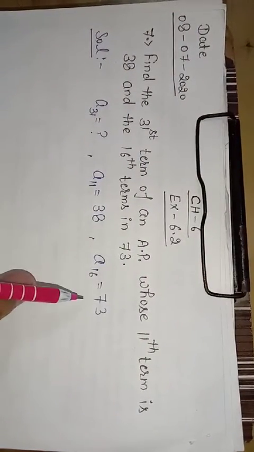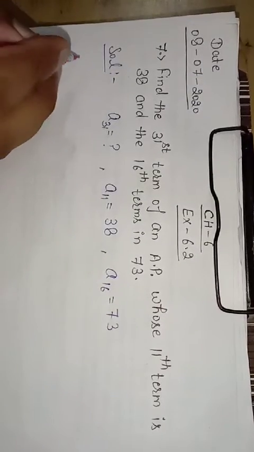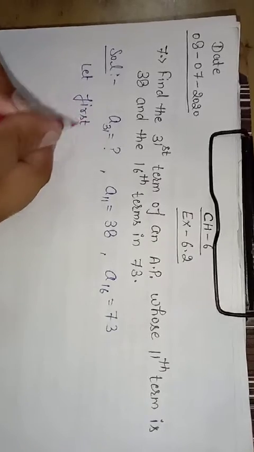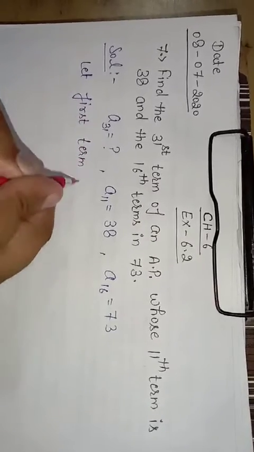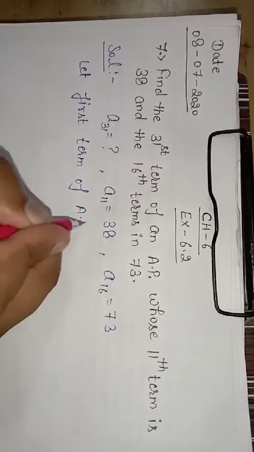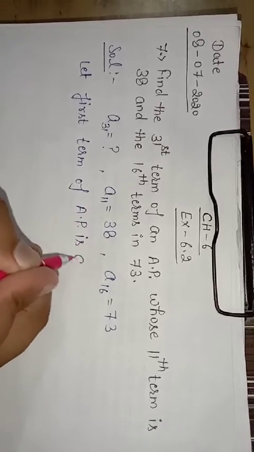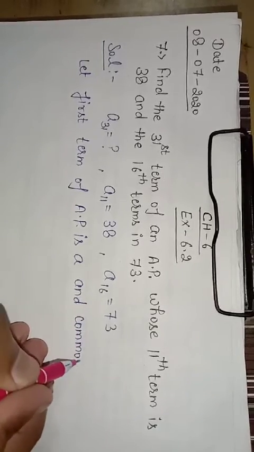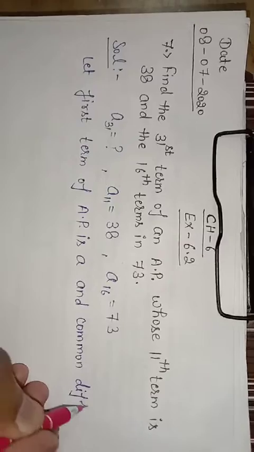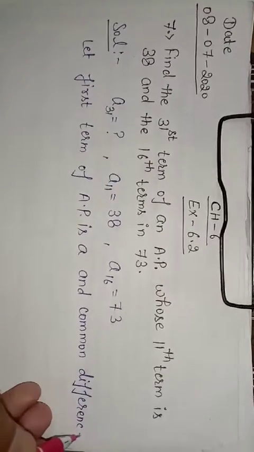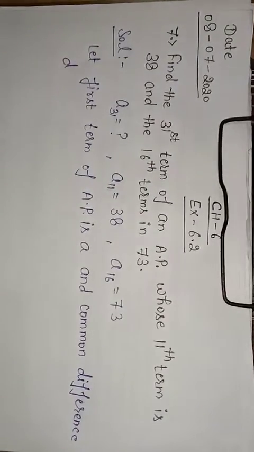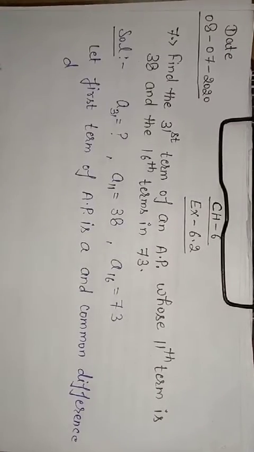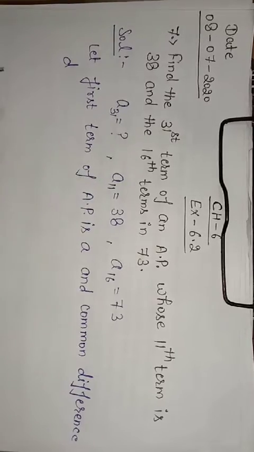A11 is 38, A16 is 73. Students, suppose the first term of the AP is A and the common difference is D. Now we find the 11th term.